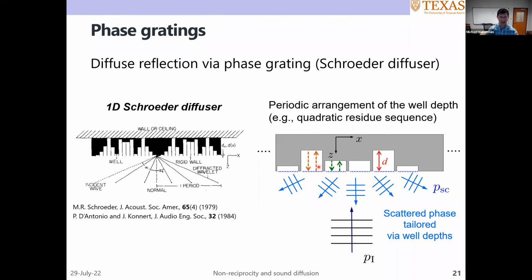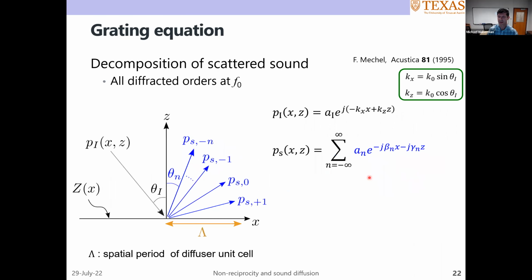Then we arrange that unit cell periodically in space, which gives a quasi-random phase that still has some periodicity to it. You can arrange it over large surface areas, and get larger-order diffusers as necessary.